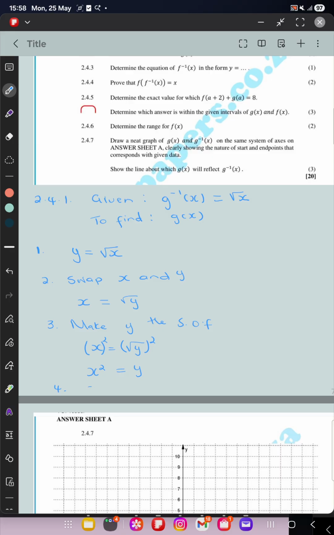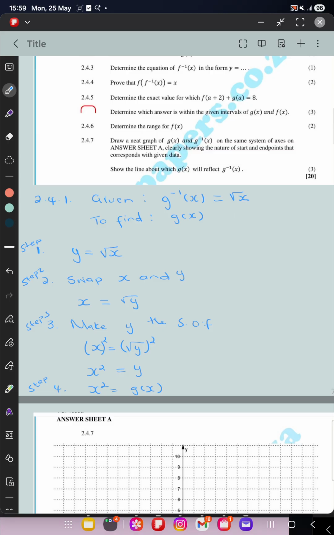So x squared equals g of x, or g of x equals x squared. Number one, done. I'm going to label my steps here as step 2, step 3, and step 4.